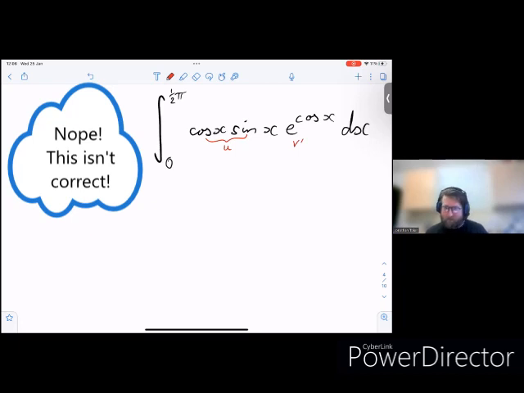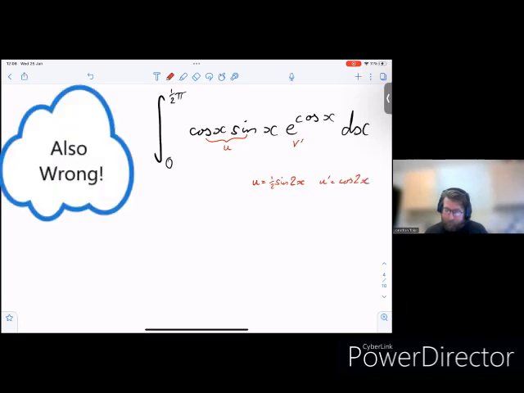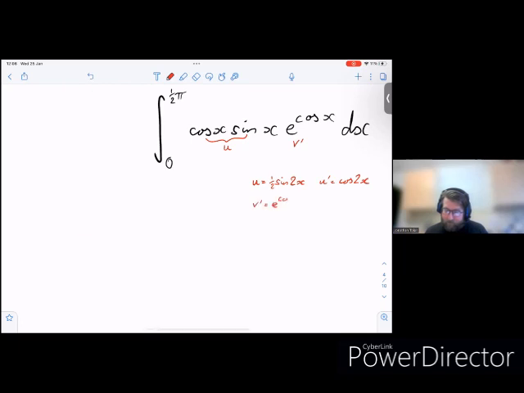This might not work, we'll see. So u is cos x sine x. Now cos x sine x is a half sine 2x. So u dash is cos 2x. V dash is e to the cos x. Now integrating e to the cos x.